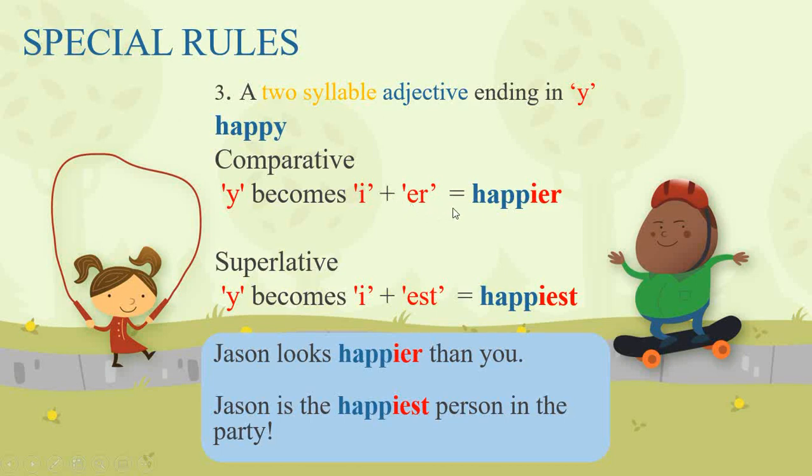For example, the comparative form of happy will be happier. We can see that we replaced the letter Y with the letter I, and we put at the end the syllable er.